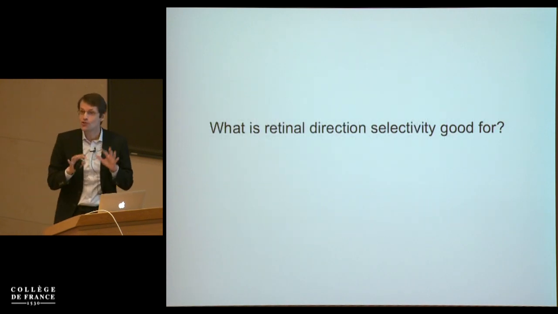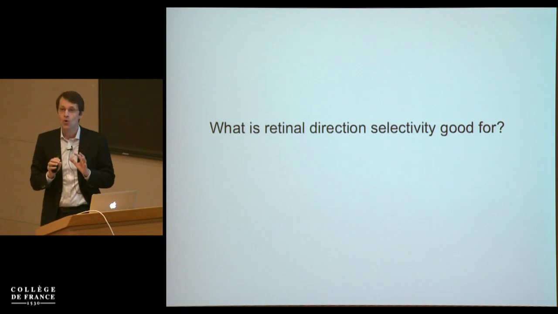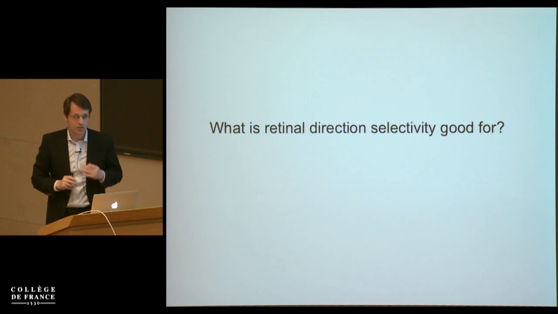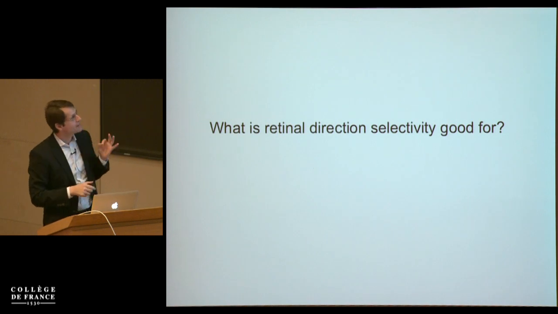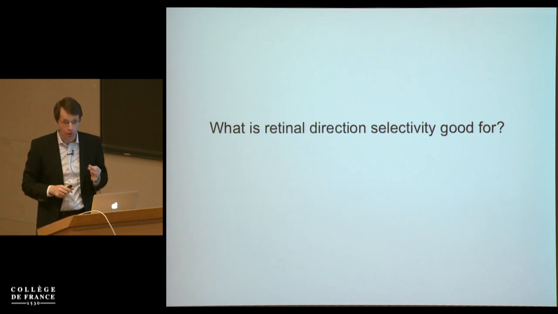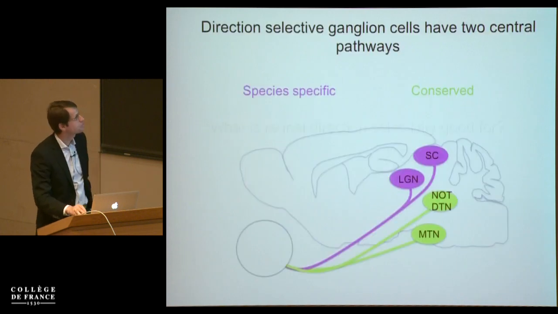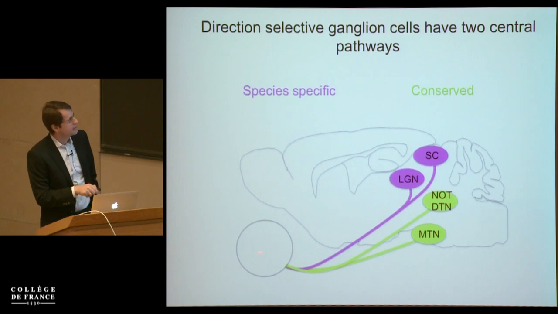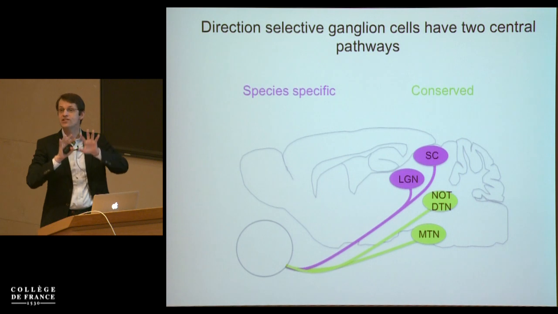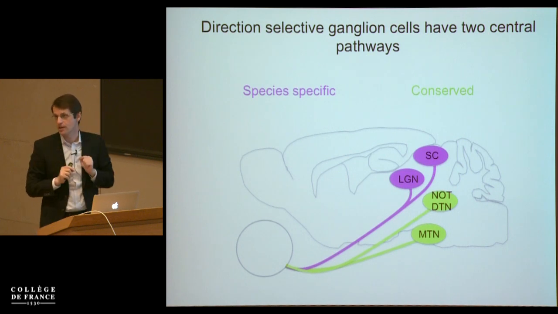So now we start our journey of explaining why we should care about this detail, why anybody would care. The first thing we ask is what retinal direction selectivity is good for in you, or in a mouse, or in a rabbit. The key point is that these direction selective ganglion cells have two different projections in the brain.